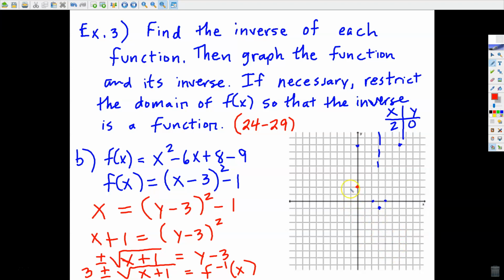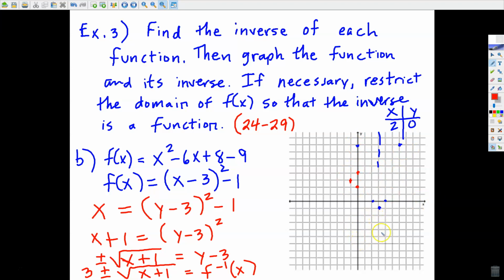Negative 1, 3. All right, which is right there. So he took 3, negative 1 and flipped it. Let's see. Abby, give me another point on the inverse. 0, 4. 4, 0 becomes 0, 4. So you can see how it's kind of starting to take shape. So every time you do the inverse of a parabola that opens up, it should be a parabola that opens right every time.